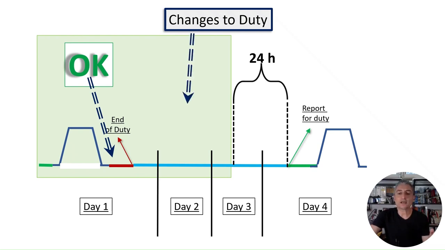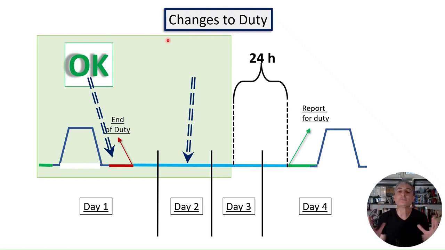But let's assume that, for example, we got a roster change on a day 2, on a day off. It is still within 24 hours, so it's legal for the dispatcher to change your roster. But it's not that you have the obligation to acknowledge.